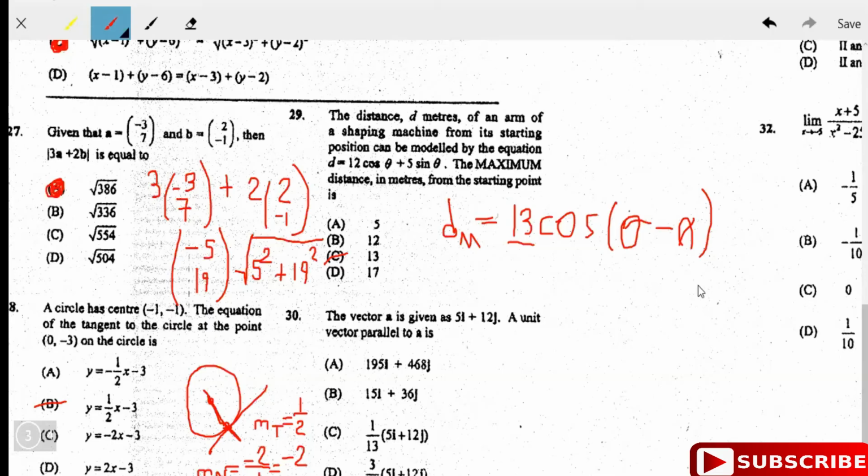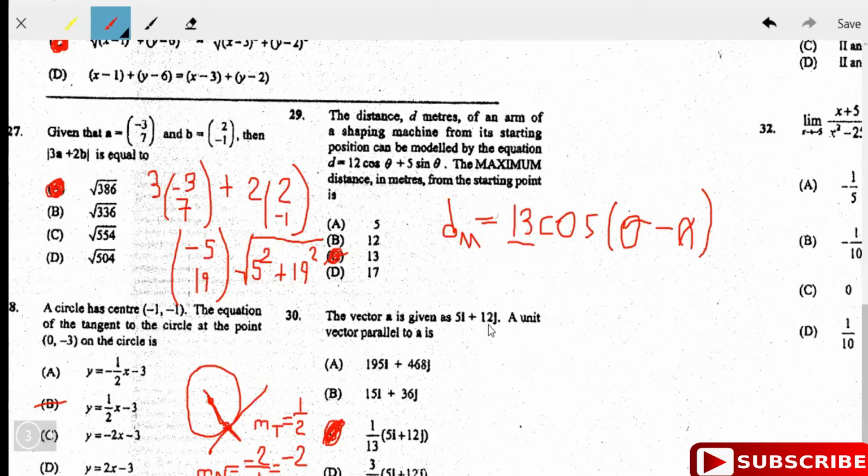Question 30. What's question 30? Cat. Karma. Repeat. Cat. Kramer. Very good. So it says a unit vector.